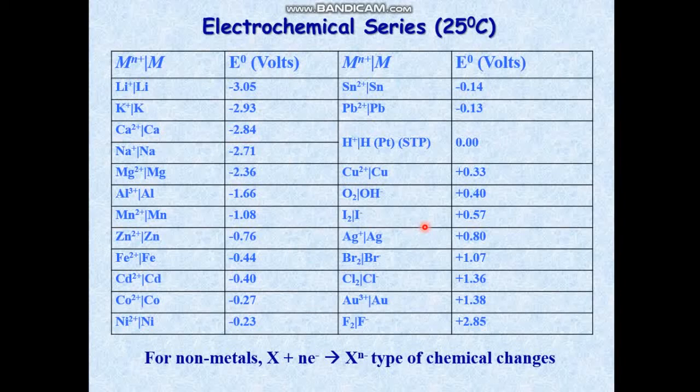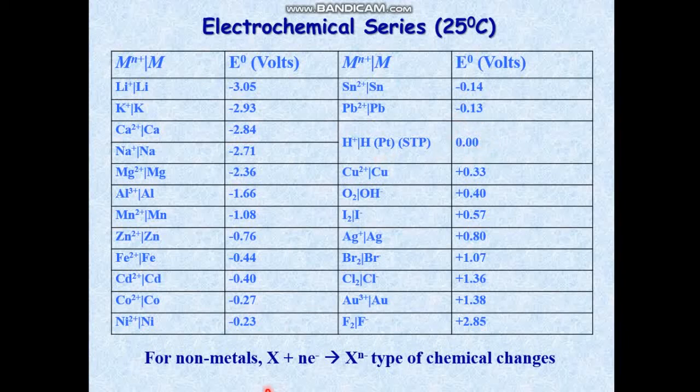From the metal to the non-metal, this table of sequence is called the electrochemical series, and in that series the borderline pair is the H plus/H pair, which has been assigned 0 volt.